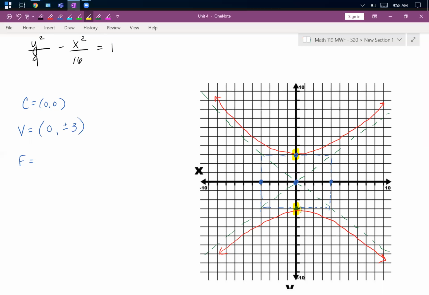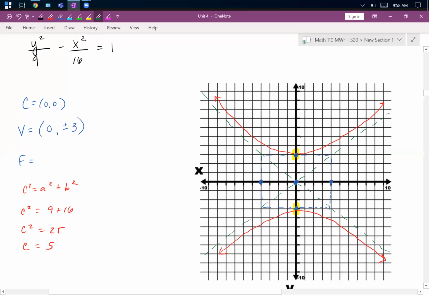Okay, and then our foci are going to be c units away from our center, where c squared is equal to a squared plus b squared. So c squared is 9 plus 16. We get c to be 5. And recall that our foci are always inside the branches.